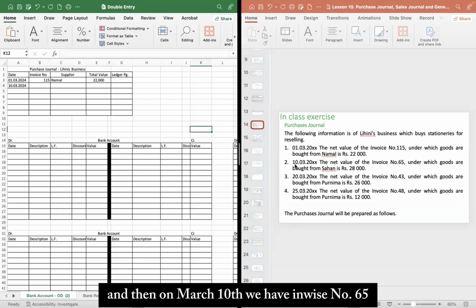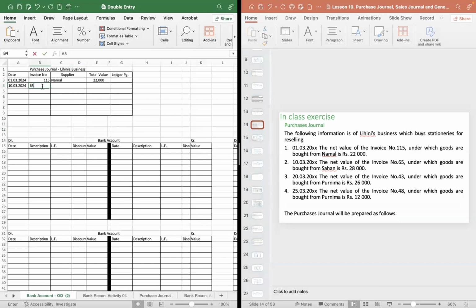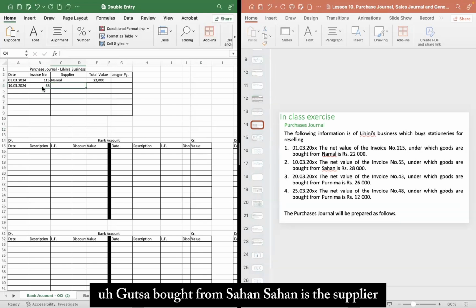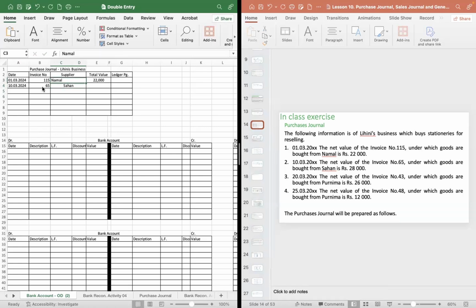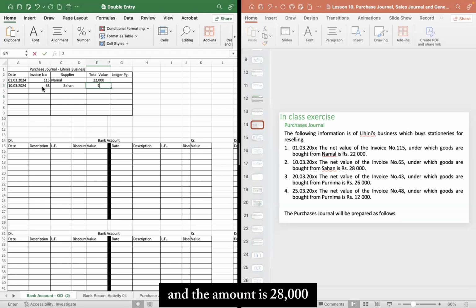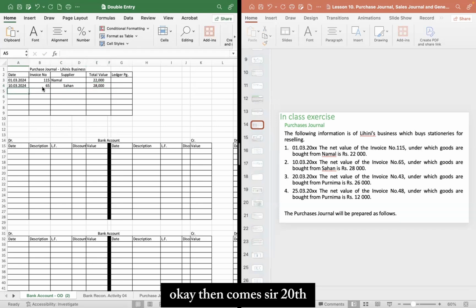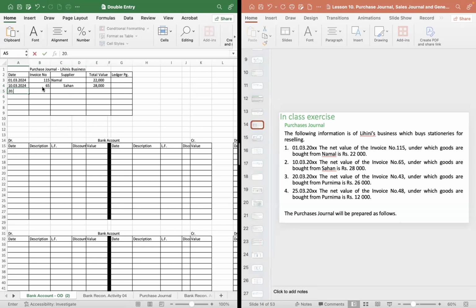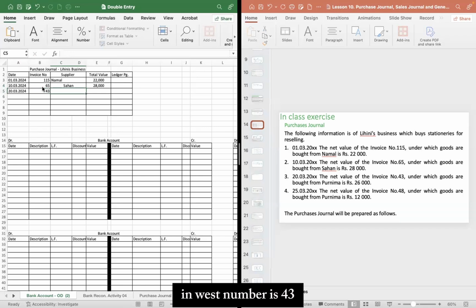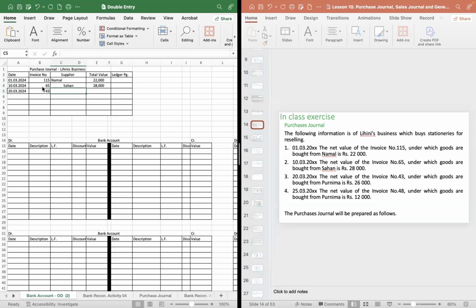And then on March 10th, we have invoice number 65. Goods are bought from Sahan. Sahan is the supplier, and the amount is 28,000. Then comes 20th March 2024. Invoice number is 43, and it's Purnima.